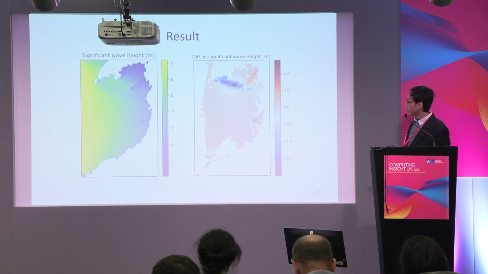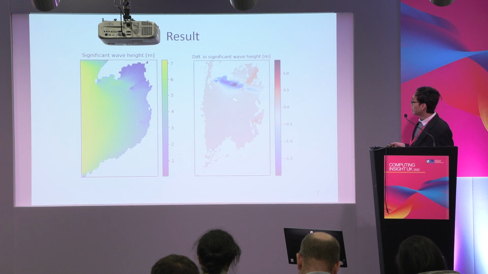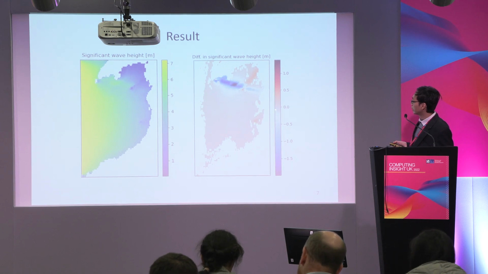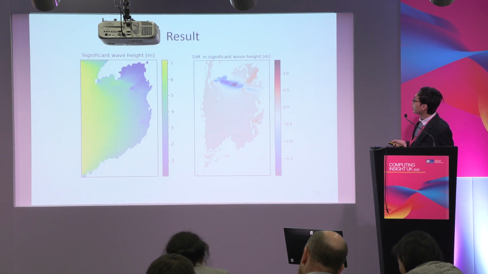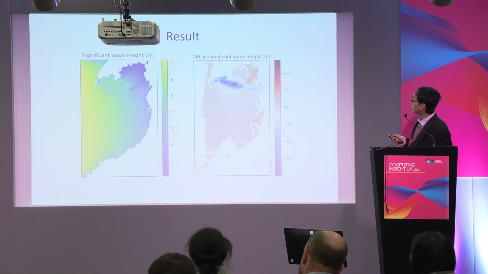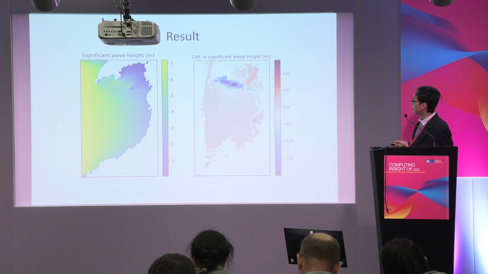And we see a difference between these two approaches. For most of the bay, the difference is very low. Most of the time the difference in significant wave height is less than 0.5 meters, which is less than 7%.